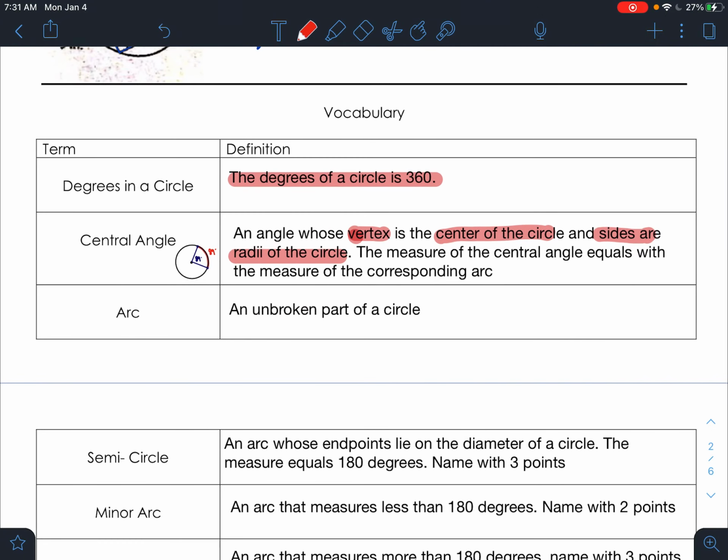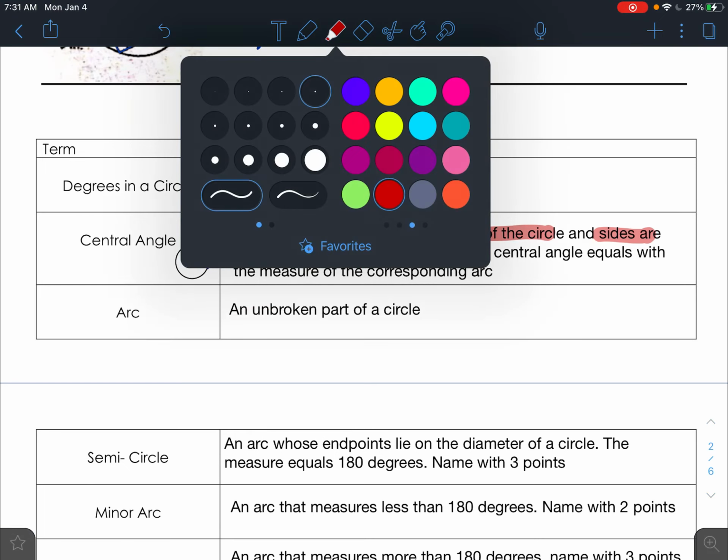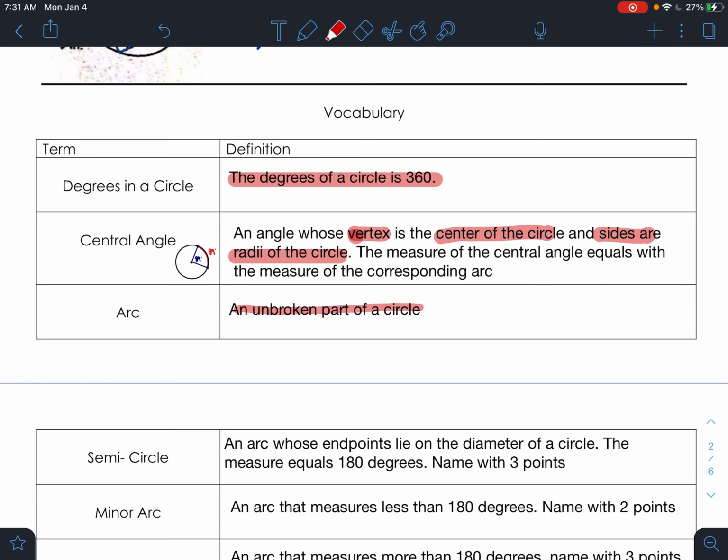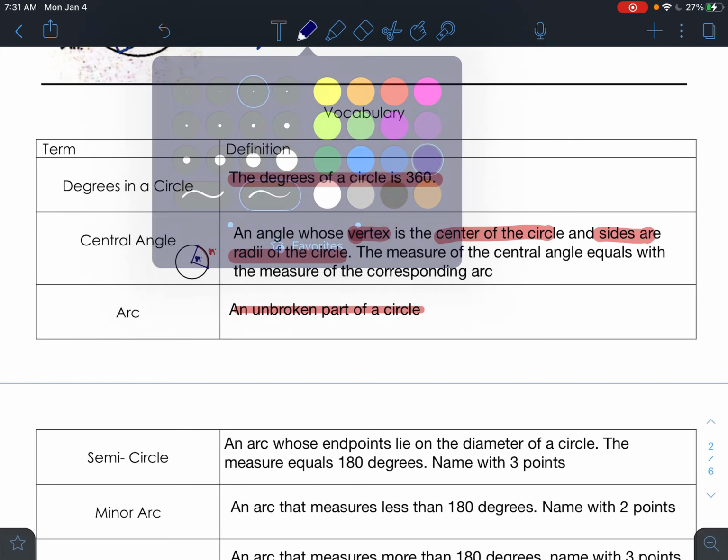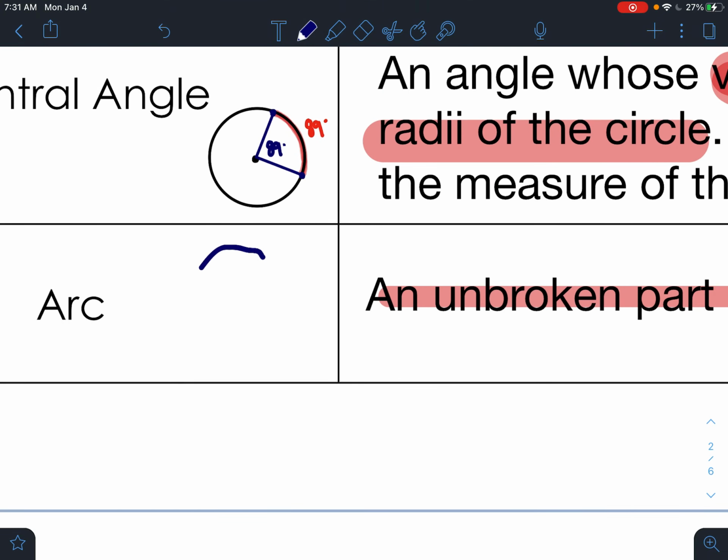So then what is an arc? An arc is an unbroken part of a circle. So if I draw my circle again, here's my circle. I'm going to mark my center.